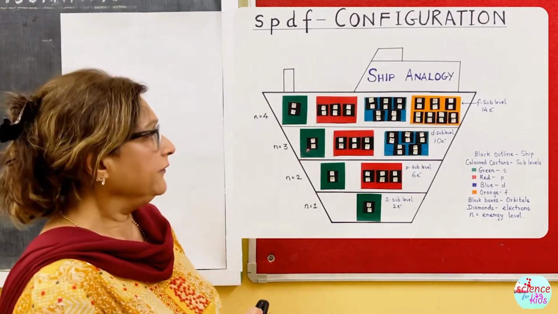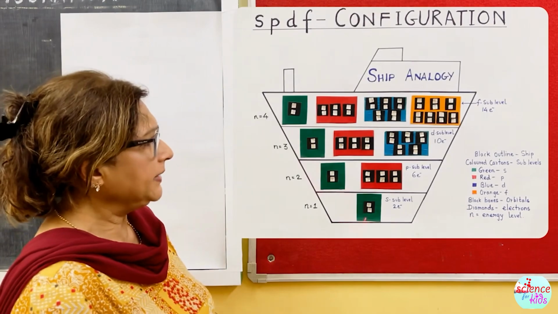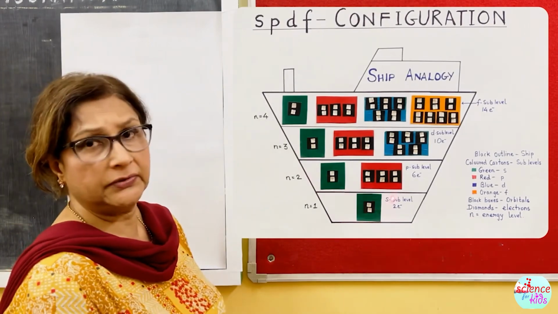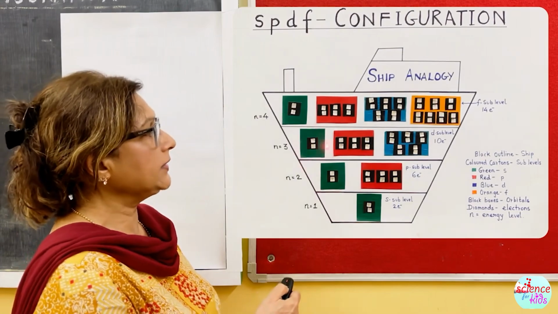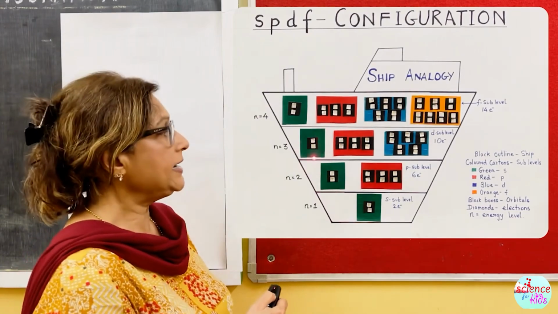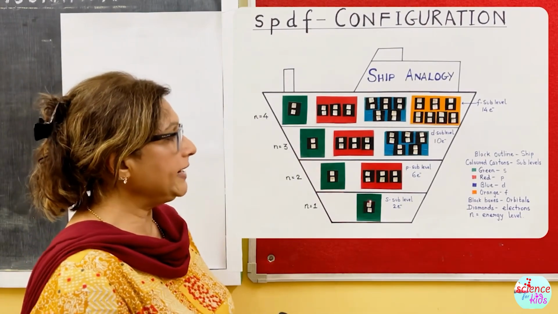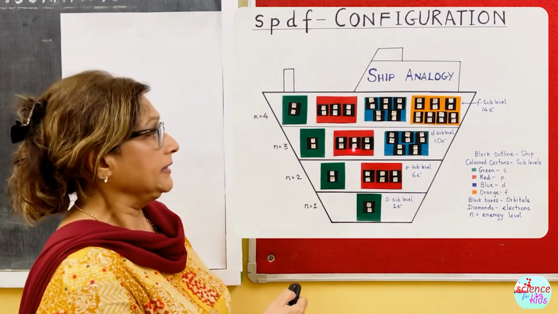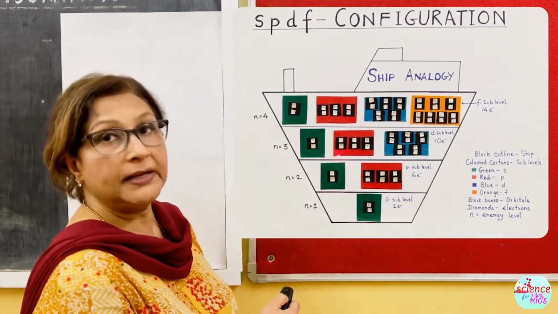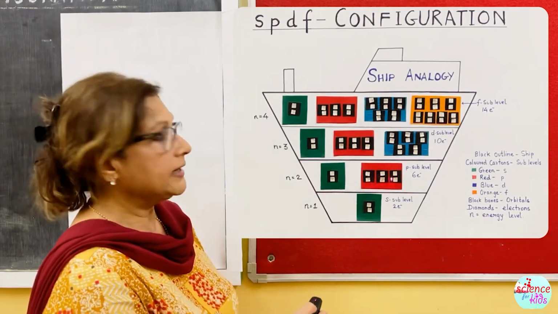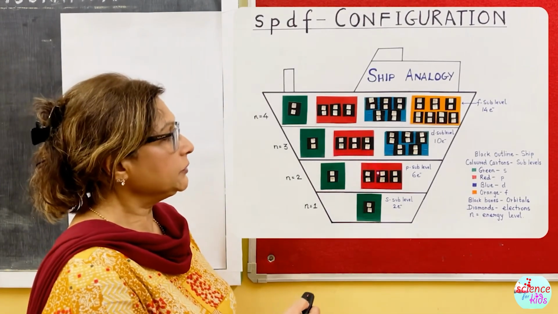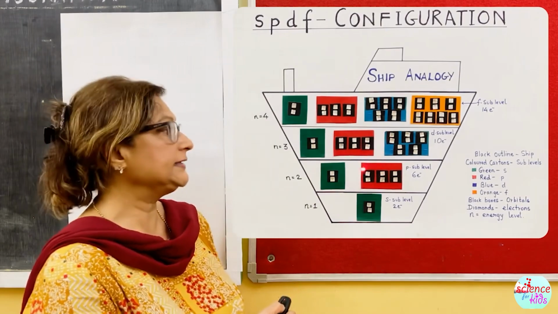The first box is exactly the same, the S box, which you can find in deck 1, also in deck 2, and also in deck 3. That has 1 black box holding 2 diamonds. The next box, the red box or the P box, is similar to the one in the second deck, which holds a total of 6 diamonds.